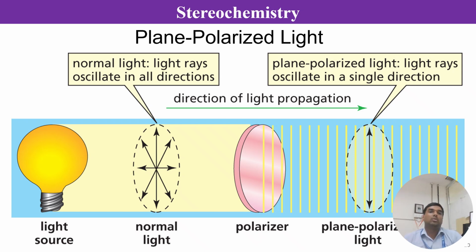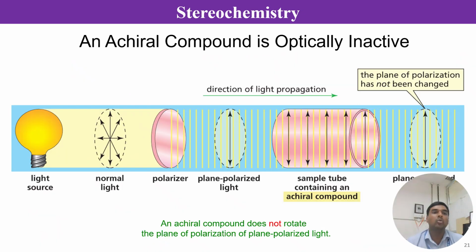Now, what is plane polarized light? First of all, normal light vibrates in all directions and scatters. But when you pass it through a polarizer, the light has a certain direction.